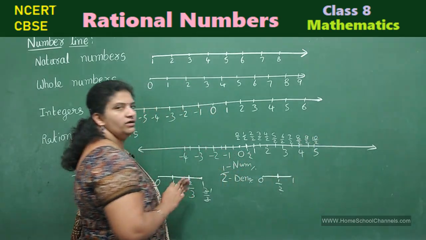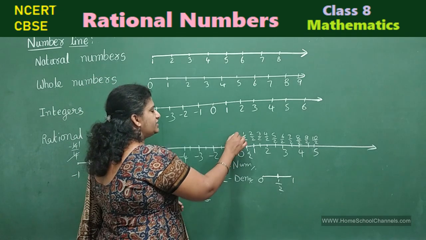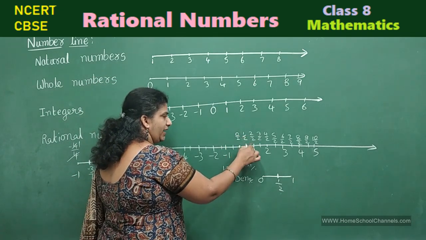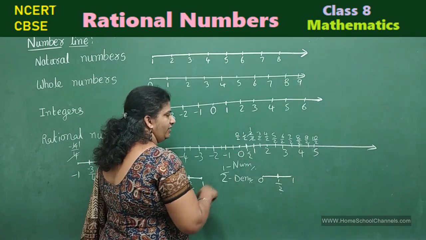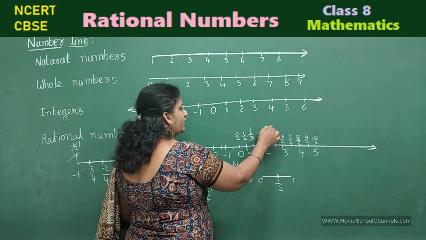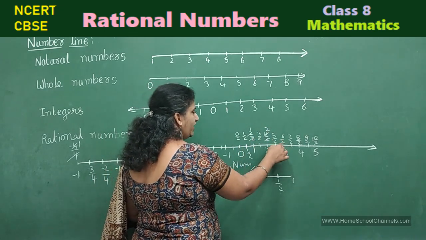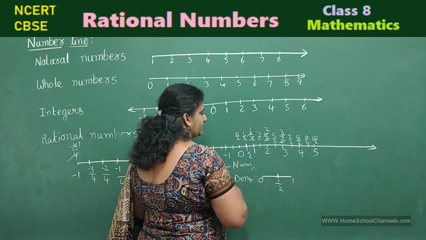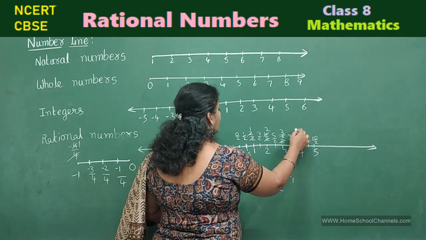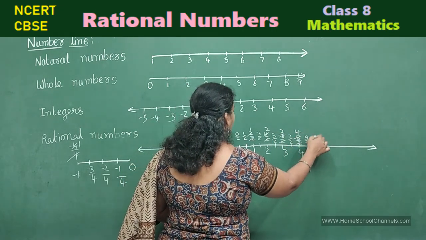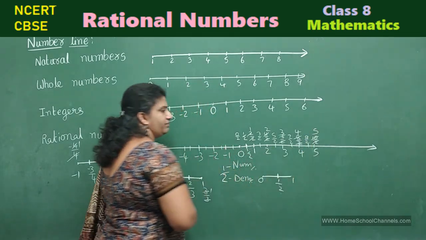Observe carefully. 0 by 2 will be 0, 1 by 2, 2 by 2 will be 1, 3 by 2, 4 by 2 is again 2, 5 by 2, 6 by 2 is 3, 7 by 2, 8 by 2 is 4, 9 by 2, 10 by 2 is 5.